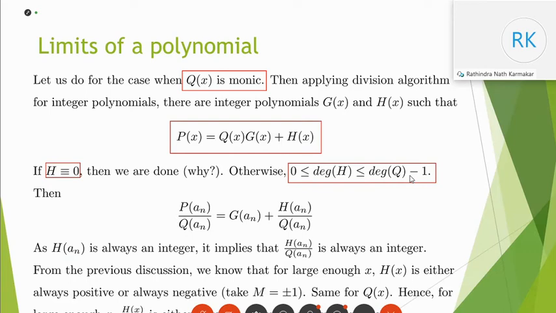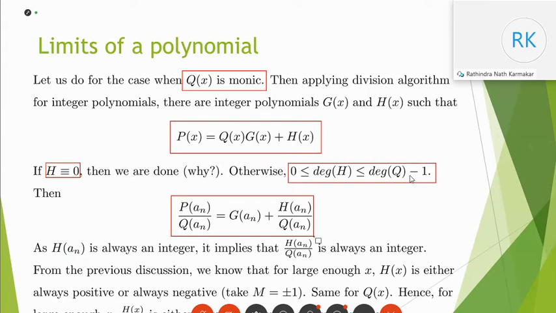So the only case that you have to deal with is this, that is 0 less than or equal to degree of h less than or equal to degree of q minus 1. Then from there, dividing by q of n, you get p of n by q of n equal to g of n plus h of n by q of n.